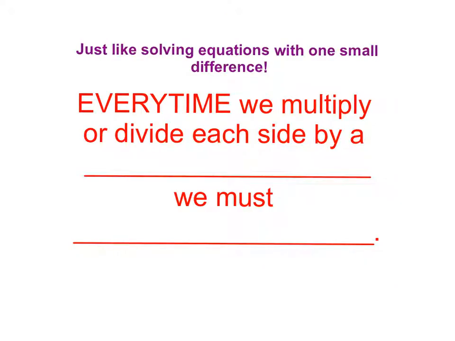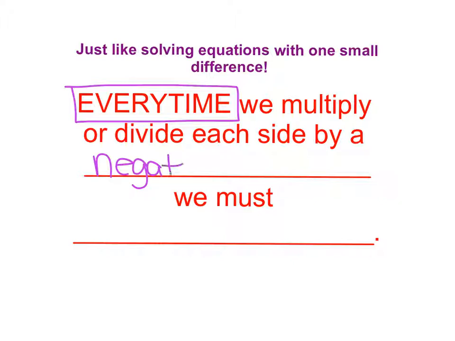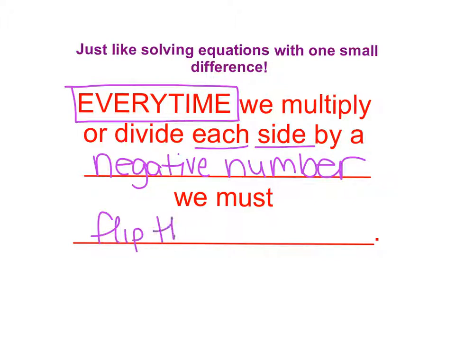So as I said before, solving equations is just like solving inequalities, except for one small difference. So this is the part you really want to make sure you take note of. Every time we undo multiplication or division of a negative, so this is saying every time we multiply or divide each side by a negative number, we must flip the inequality.